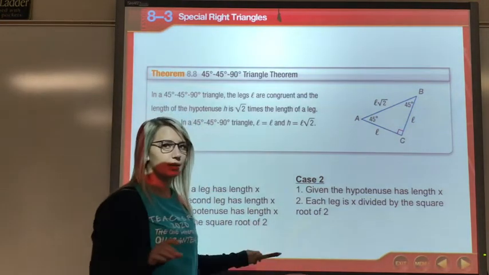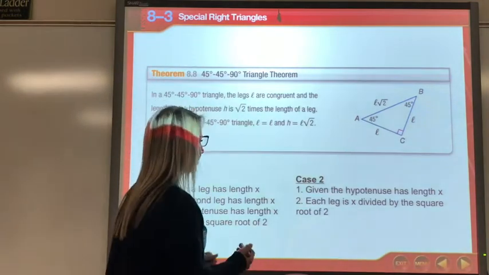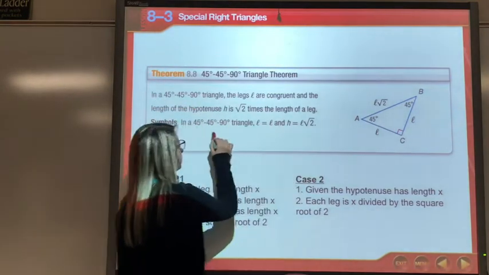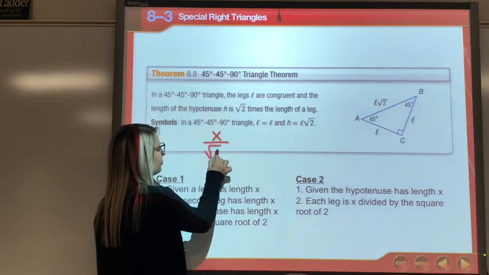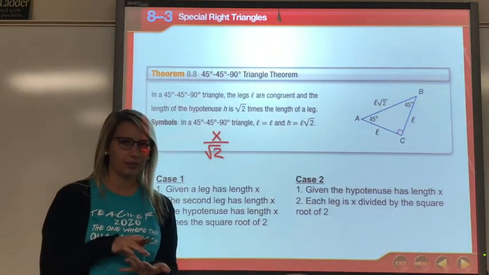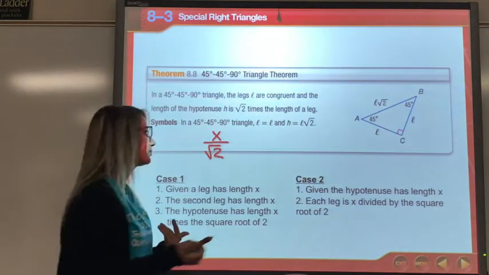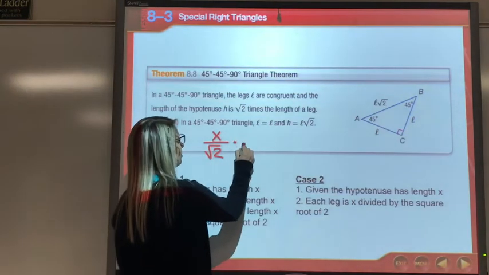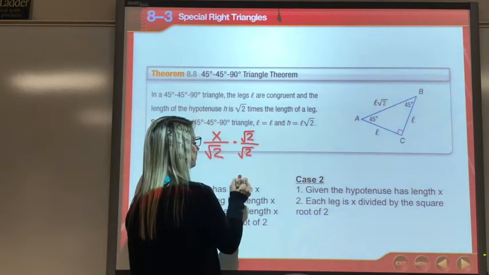Okay, now I want to show you something kind of neat. So if I had x divided by the square root of 2, we can't have the square root on the bottom part of a fraction, if you remember from algebra, so we have to rationalize it. To do that, we would multiply by square root of 2 over square root of 2.